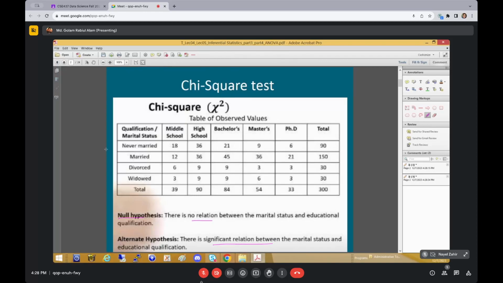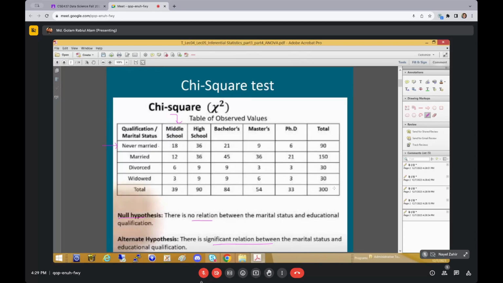Now for that, we have collected data from different schools, like middle school, high school, bachelor, master, and PhD. And then there are several types of individuals. We can see never married individuals: middle school 18, high school 36, bachelor 21.